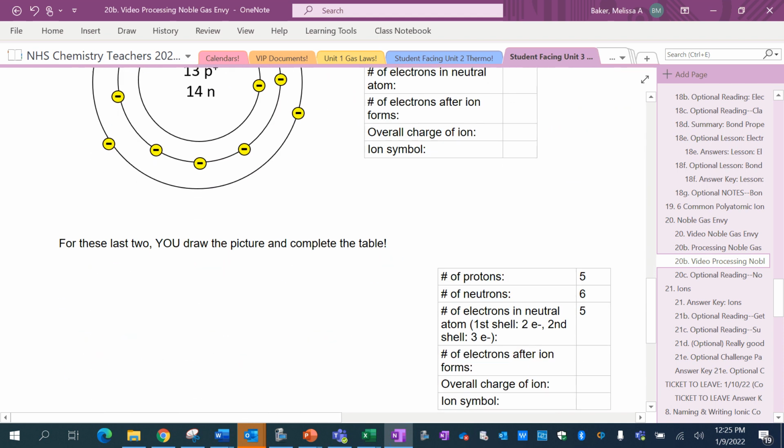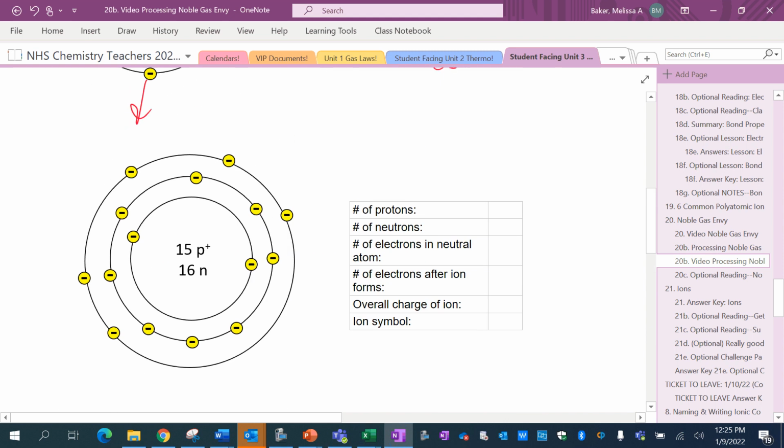Okay, we've got another 2 here. This one's got 15 positive protons, 16 neutrons. It's got 15 electrons when it's neutral. And since it's got 1, 2, 3, 4, 5 in its outermost shell, it wants to gain 3 more.